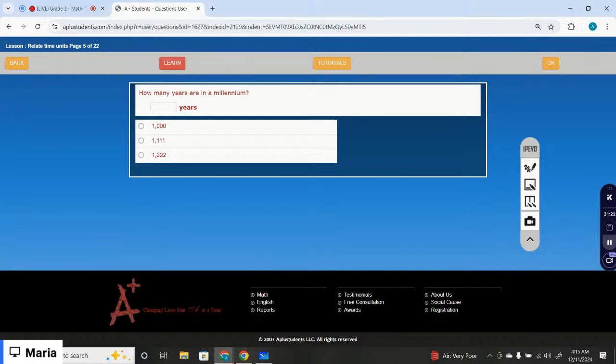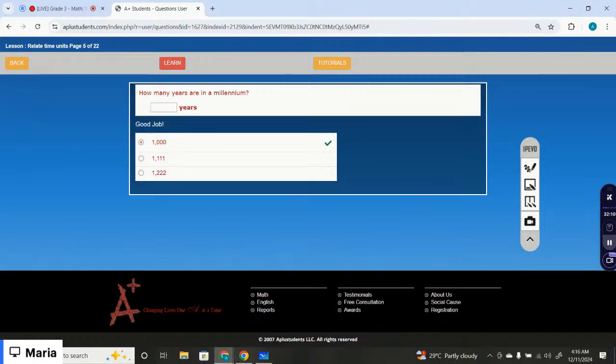How many years are in a millennium? There are 1000 years in a millennium, right? The correct option is option number 1, 1000 it is.